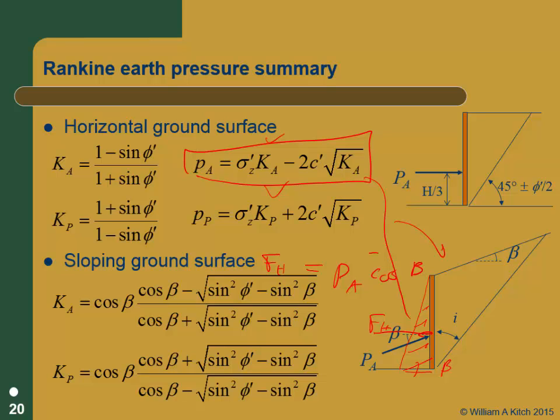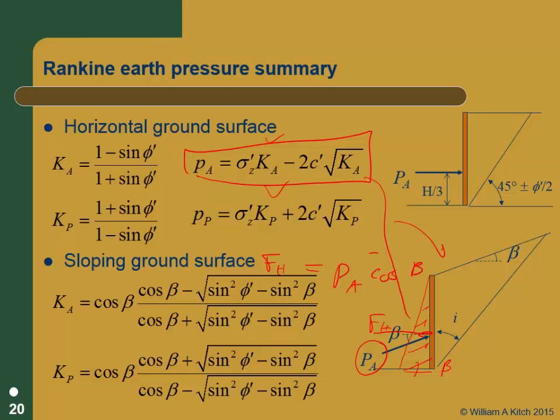Professor Caduto and I had a long discussion about this in writing textbooks, and I think it's better to define it this way. The Rankine earth pressure by definition is parallel to the back angle, and this is how you calculate it. So I think it's better to keep that definition with the Ka, and then say if you want the horizontal stress in a wall, you have to multiply by cosine beta.